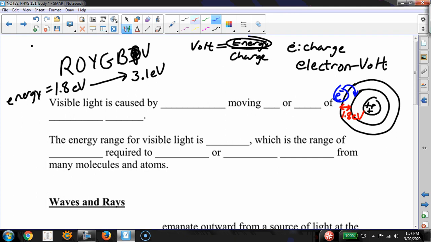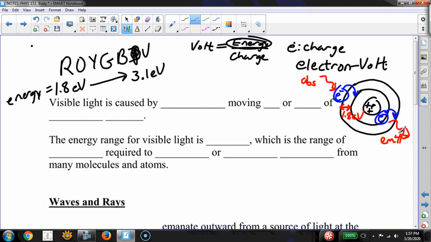So what's required is that you have a photon that comes into that electron, excites it, and moves it up to a higher energy level. On the other hand, what if I have an electron at a higher energy level and it moves down to a lower energy level? What happens there is it actually emits a photon. So it actually produces light.